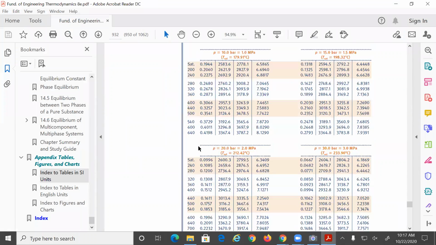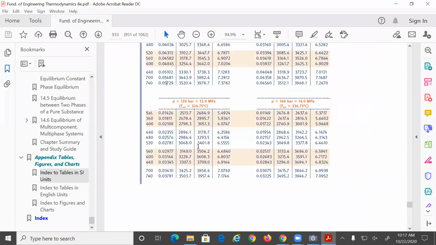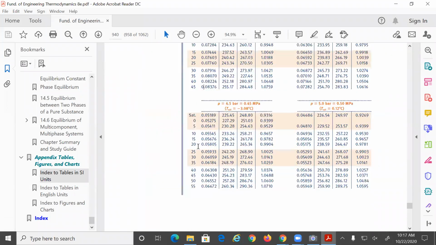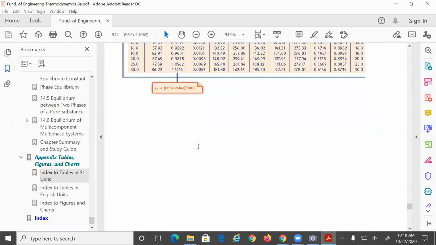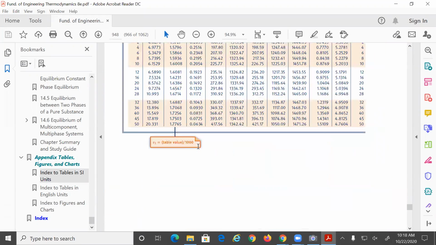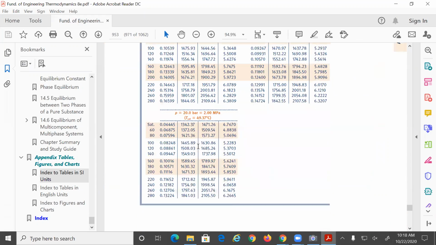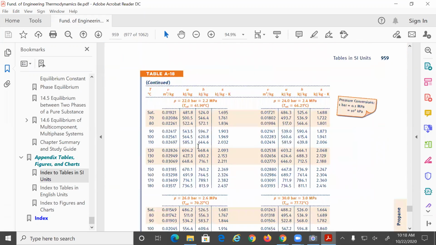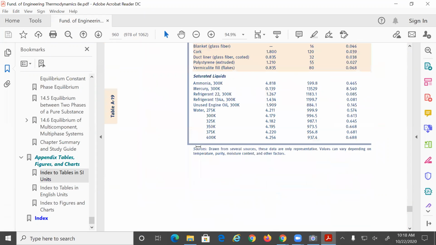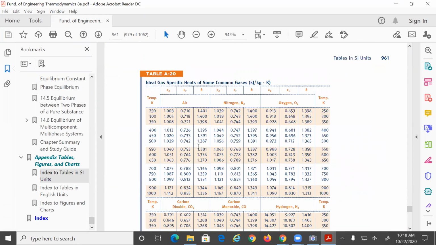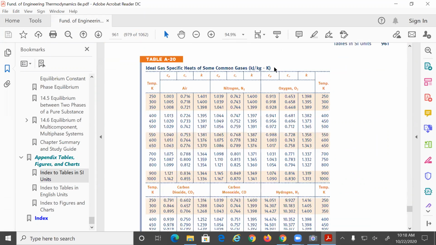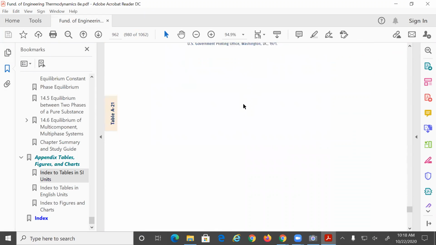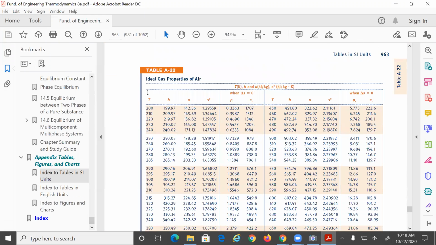Here, for air, I don't know which one is the table for air, but I think it's at the end, like 820, something like that. So let's go to table 22 here. This is air, we need to look for air. Hopefully we don't have to interpolate. I don't feel like doing it. So 820 is for the CP value, so this is not what we need. 821, this is not what we need. 822 for the ideal gas.